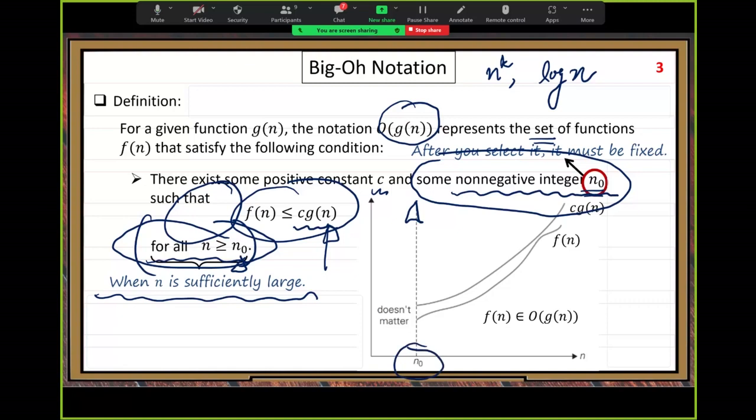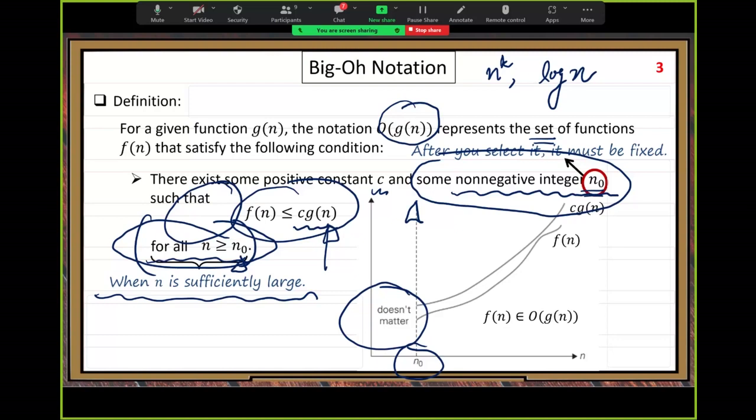On the left-hand side of this vertical dashed line, it doesn't matter whether the graph of the f function is above or below c times the g function. That state is not important.